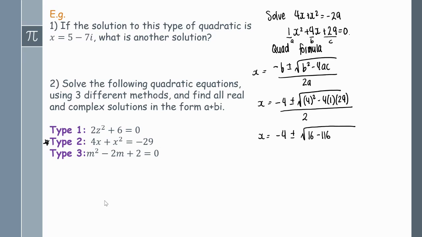If I expand what's in my square root sign, I'll get 16 minus 116 under that square root sign, and on the bottom I'll just be left with 2.